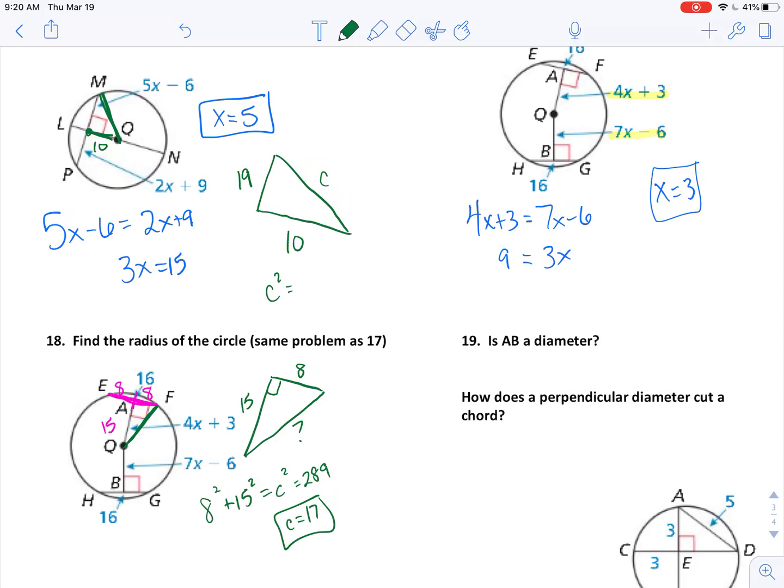So c squared equals 10 squared plus 19 squared. 461. Now we find the square root. So c is about 21.47, approximately.